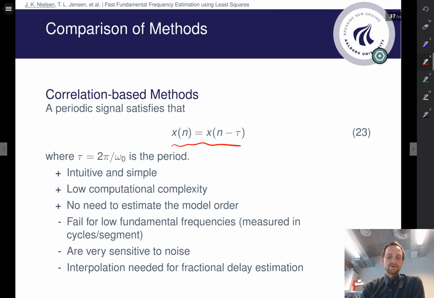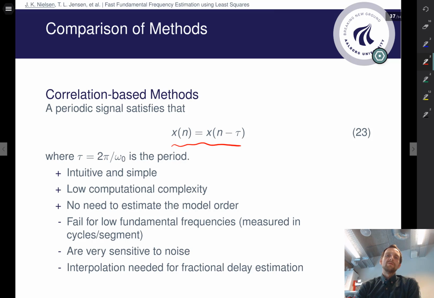That's really a big plus of this method. But they don't work for low fundamental frequencies. We have found they are very sensitive to noise, and also we need some kind of interpolation if we want to do fractional delay estimation.